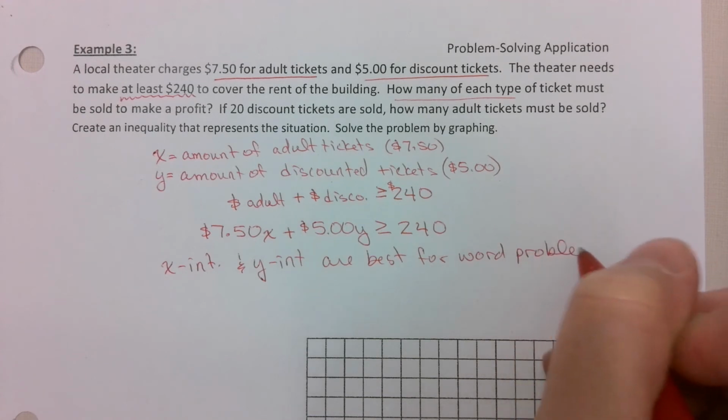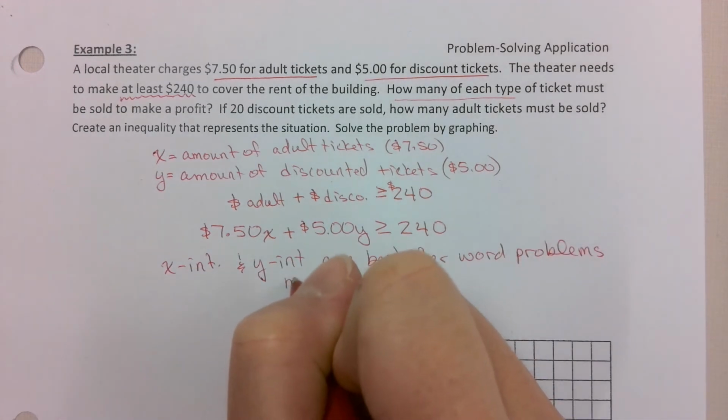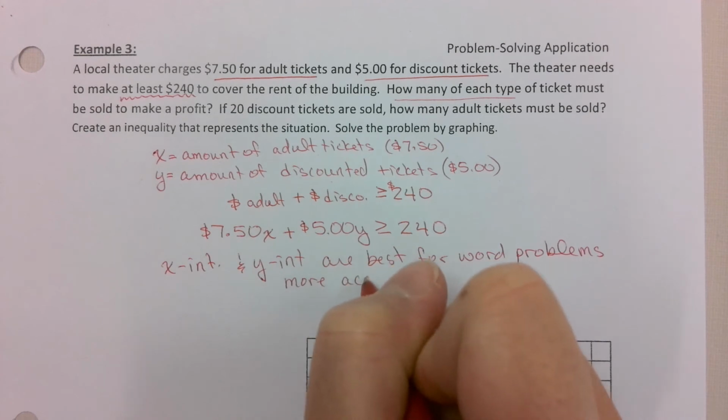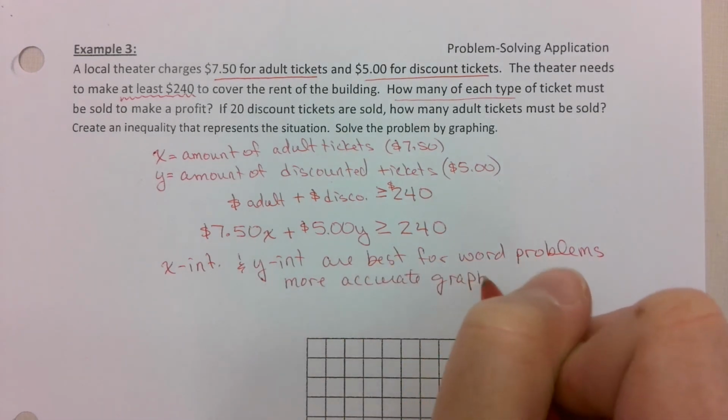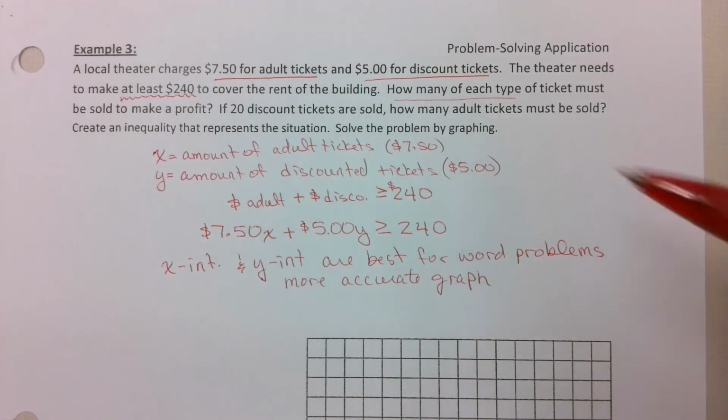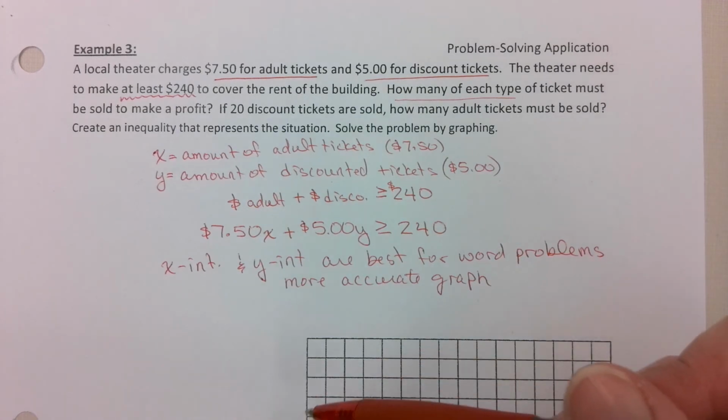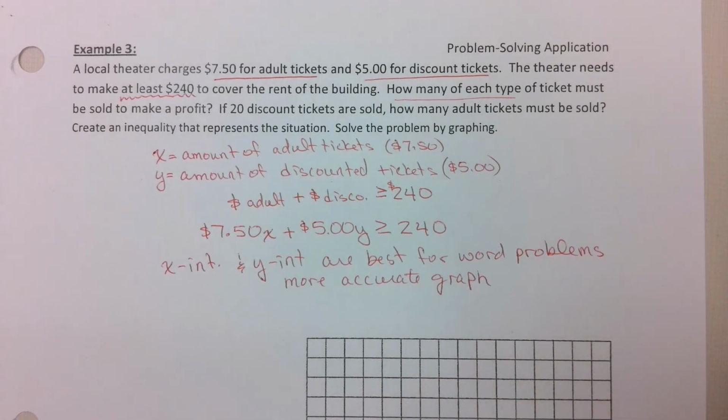It gives you a more accurate graph. If you have a y-intercept that's not a number that we have, if we're counting by tens and your y-intercept is 48, and then you try to do a slope of 4/5, that's not going to be very accurate. So having the x and y-intercept are going to help us.